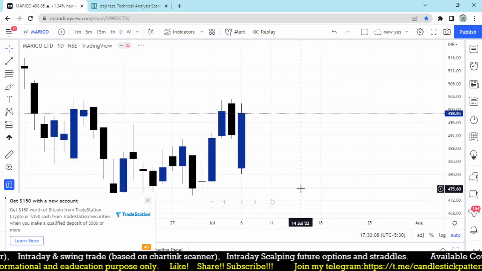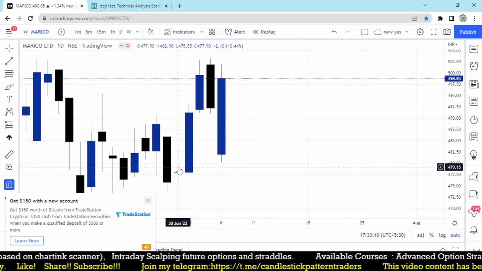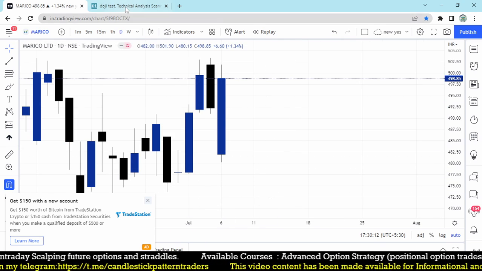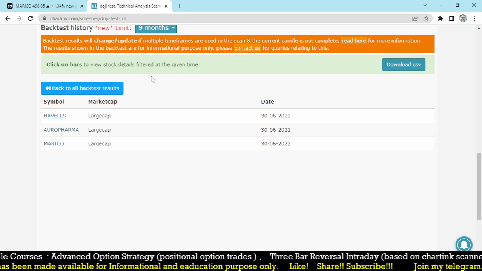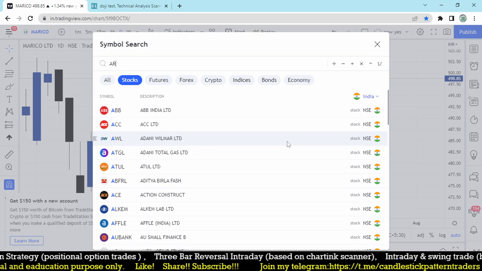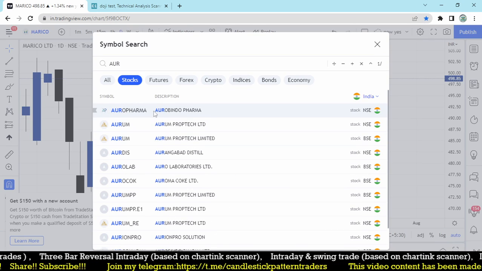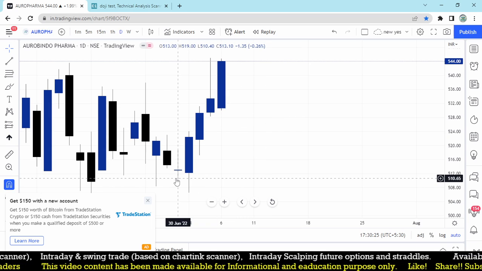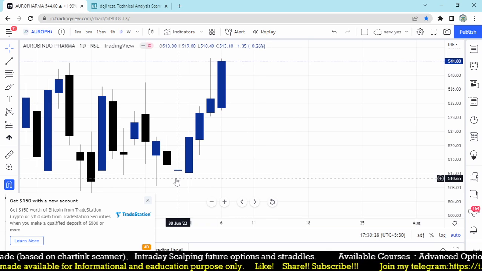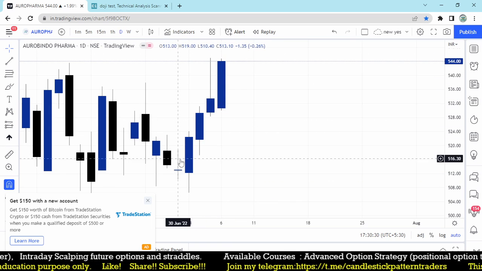Let's check it out. This is a doji where the open and close price are equal. If you are only using open equal to high, on the day we have only Marico. But if you check Aurobindo Pharma, the open and close aren't equal, there is a 10 paisa difference.